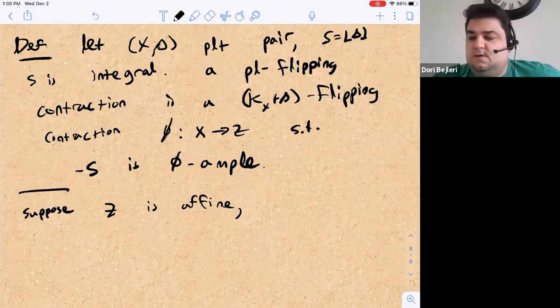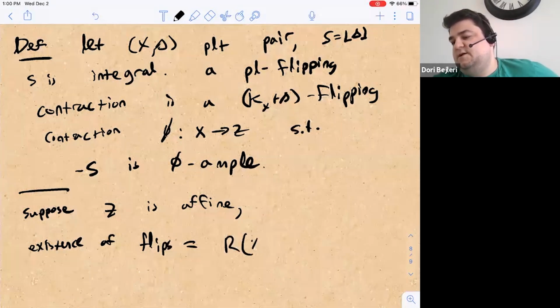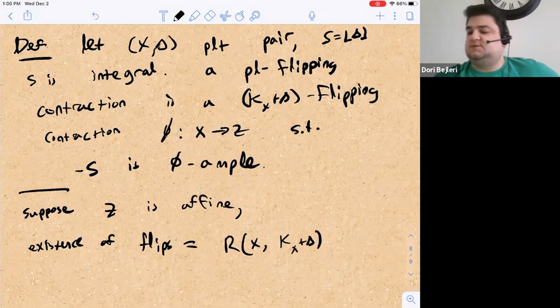Then the existence of a flip was the same as finite generation of the ring of sections of K_X plus delta.